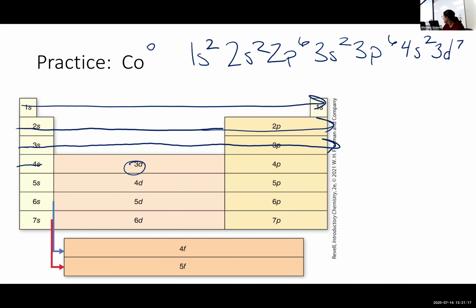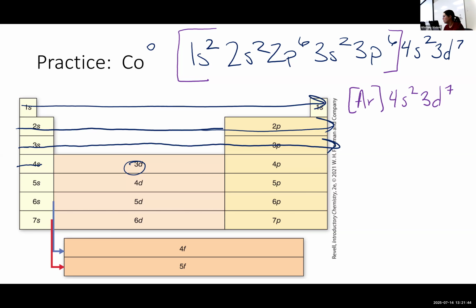What is the noble gas before cobalt? It's argon, and I have in brackets what argon would be. It would stop at the 3p6. So this is equal to argon 4s2 3d7. This follows the same logic: anything past the noble gas is how many valence electrons.